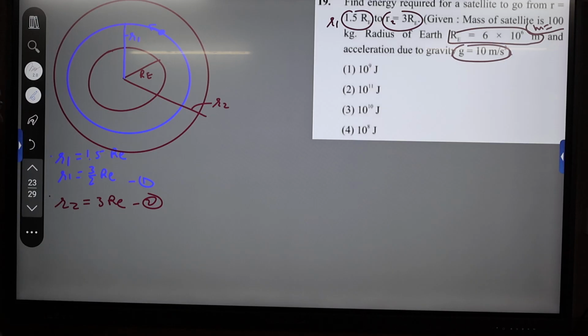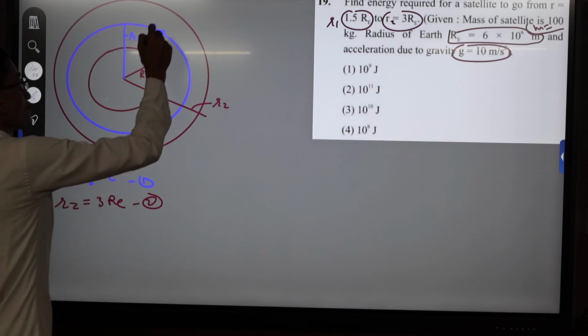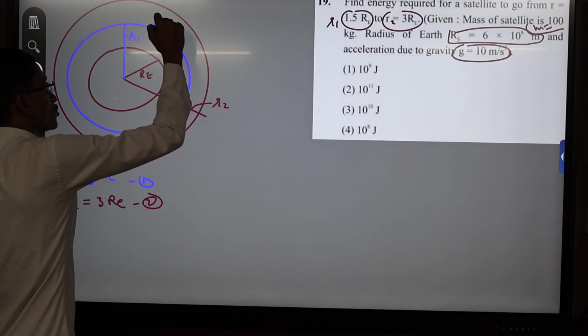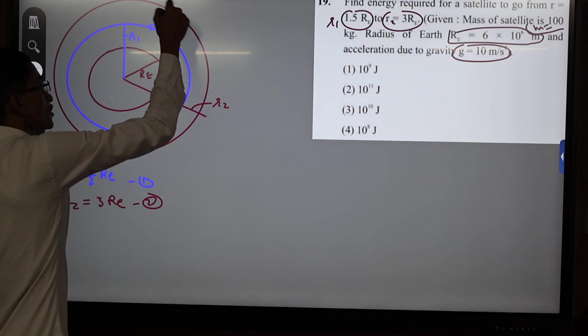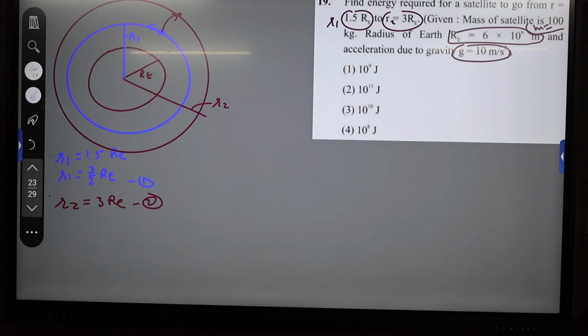This is equation 2. So we have to displace this satellite from this orbit to this orbit. For that we have to do work.